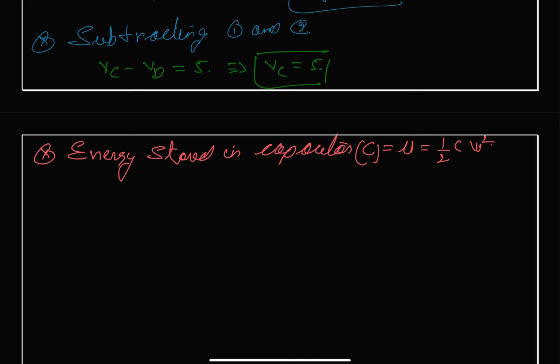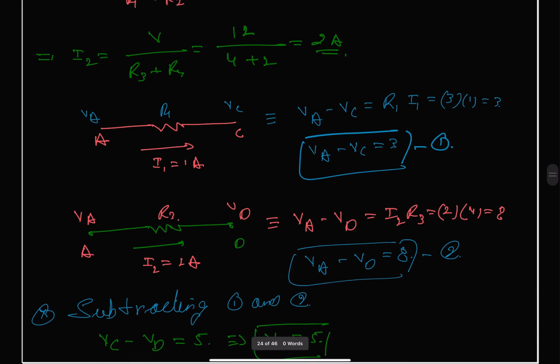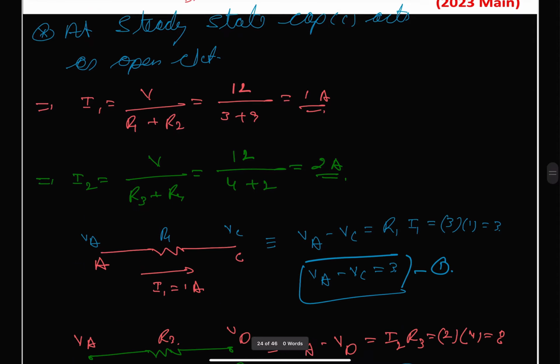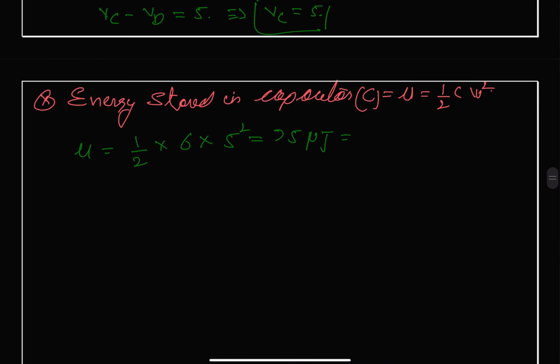And we get U is equal to half, C is given to us as 6, and for voltage we found 5, whole square. So this comes as 75 microjoules, and it is given to us as N microjoules. Therefore, the value of N will be equal to 75.